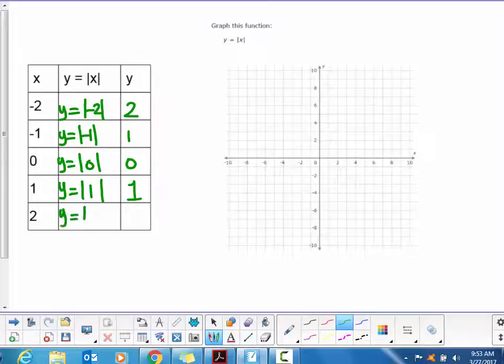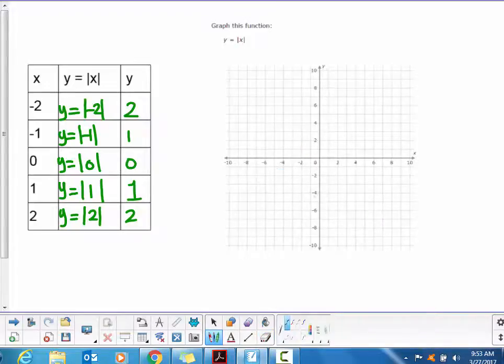When x is 1, the absolute value of 1 is 1. And when x is 2, the absolute value of 2 is 2. So we are going to plot these ordered pairs: -2, 2; -1, 1; 0, 0; 1, 1; and 2, 2.